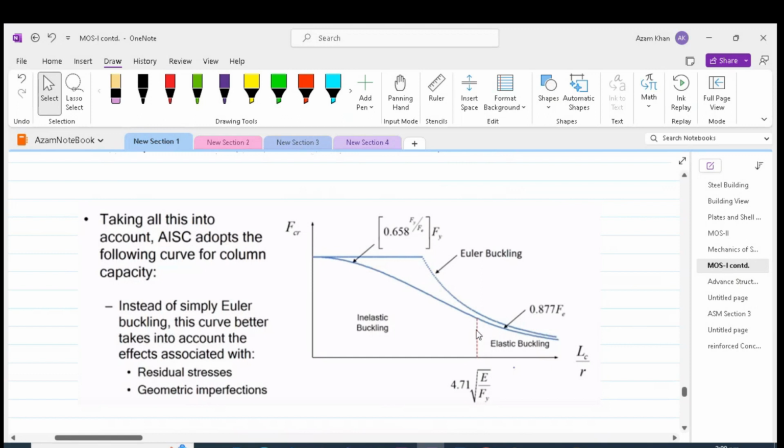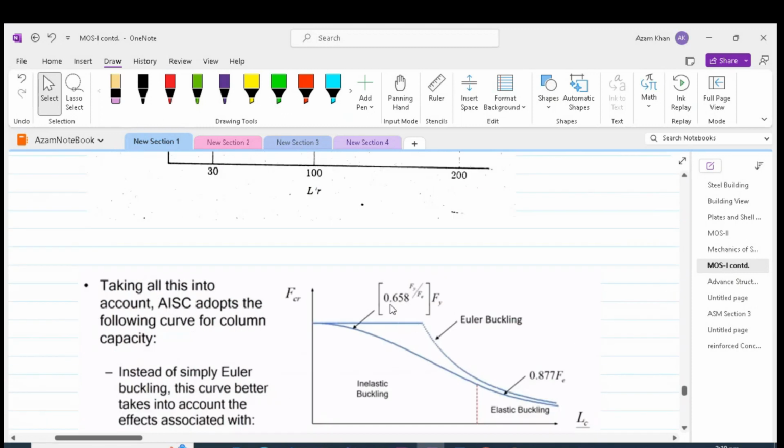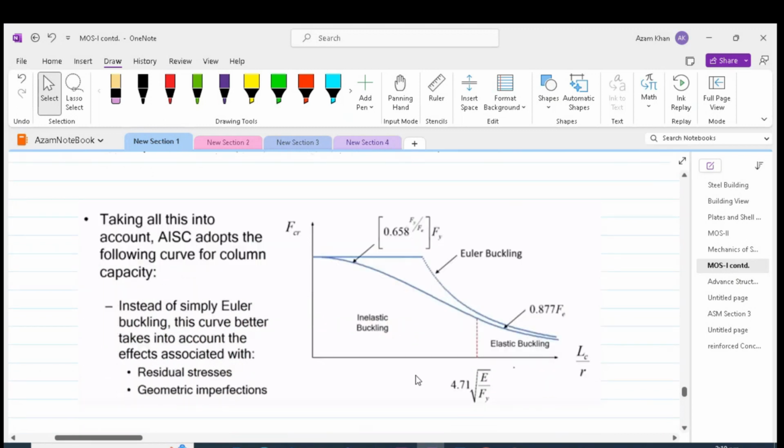In the case of long columns, the equation of this curve is 0.877 Fe, and in the region before the long column limit, the equation is 0.658 raised to the power Fy by Fe, everything in brackets, times Fy. This curve is drawn between the slenderness ratio and the critical stress. Fcr is the critical stress.